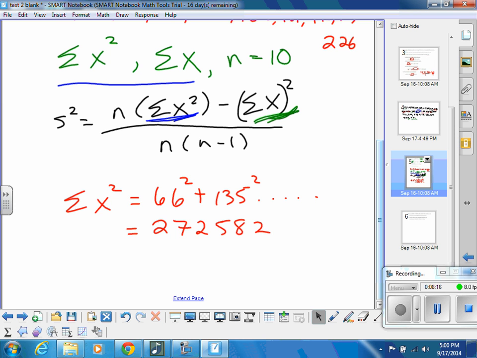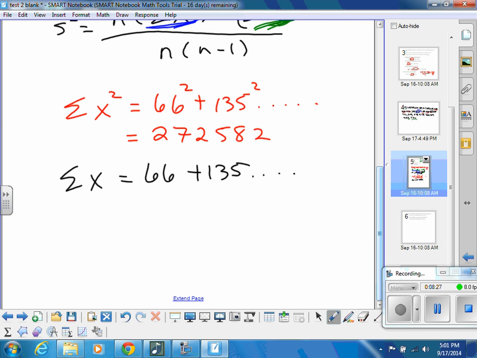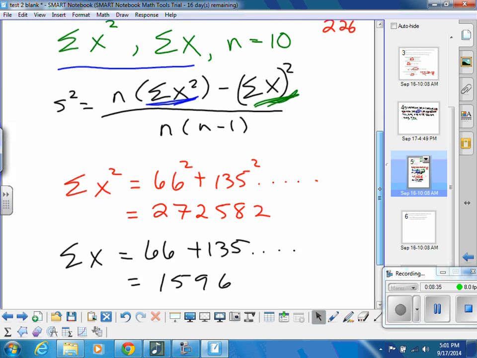Now, going back, the sum of x is going to be smaller, like I told you, where I add them all up, so 66 plus 135, and so on. This number, I end up getting 1,596.